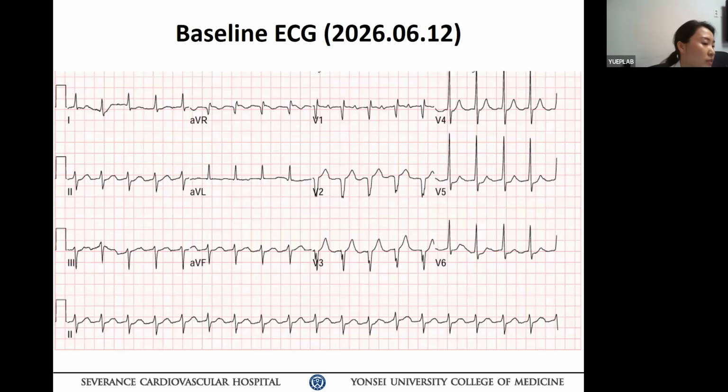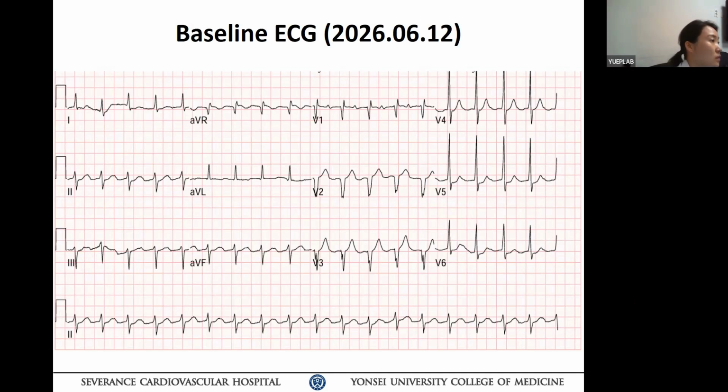The P wave polarity is quite isoelectric or even flat as compared with the typical reverse atrial flutter. So that can be the clue for the differential diagnosis of the atrial flutter.